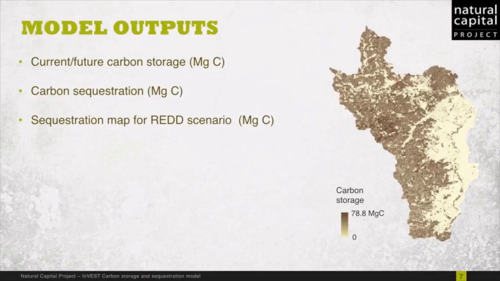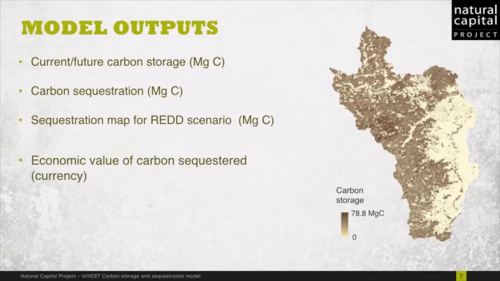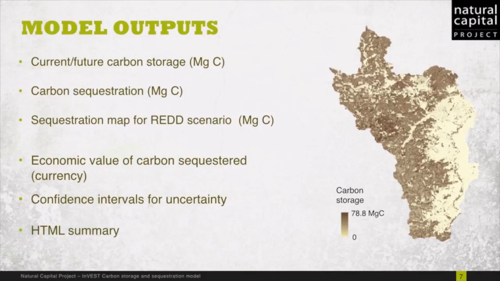If a REDD policy map is provided, output will include a sequestration map for that REDD scenario. If economic information is provided, valuation results will be generated based on the amount of carbon sequestered. If uncertainty information is provided for the carbon pools, confidence intervals for the uncertainty analysis will be calculated. And in all cases, an HTML summary page is created containing a compilation of all of these results.